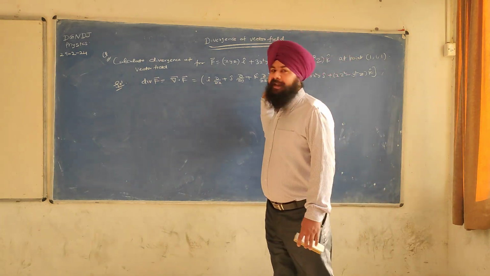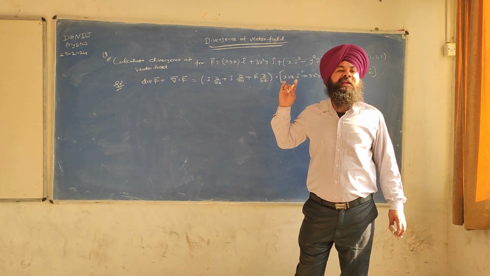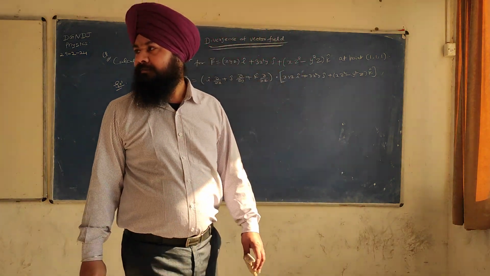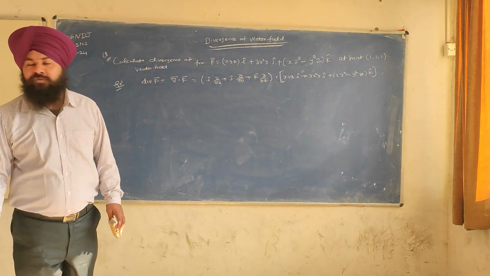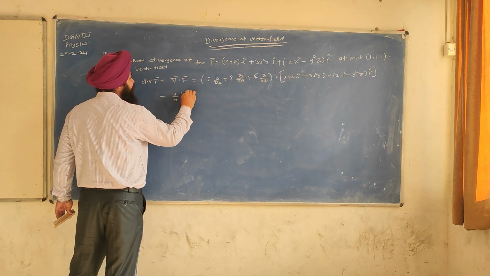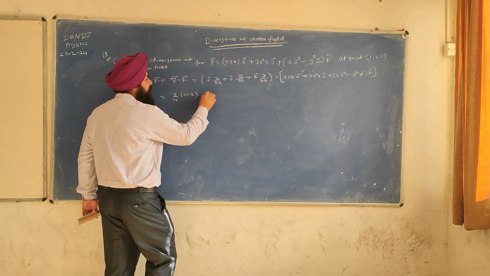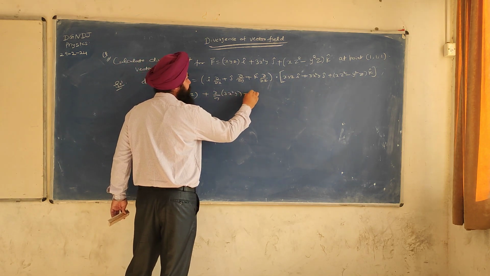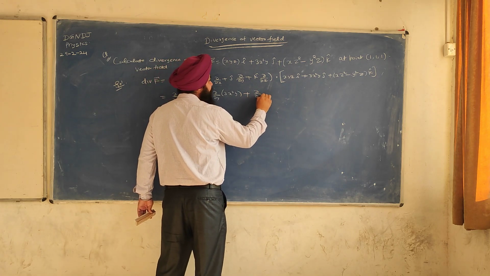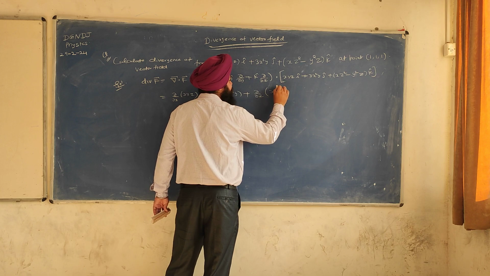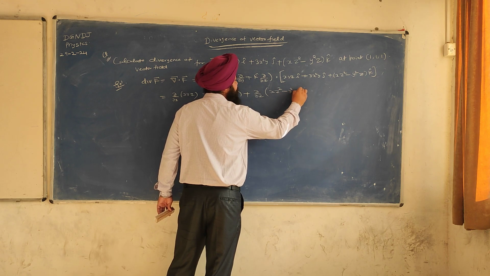Simply i dot i is 1, j dot j, k dot k, the rest of the combinations are 0. So I'm getting curly by curly x of xyz plus curly by curly y of 3x square y plus curly by curly z of xz square minus y square z.